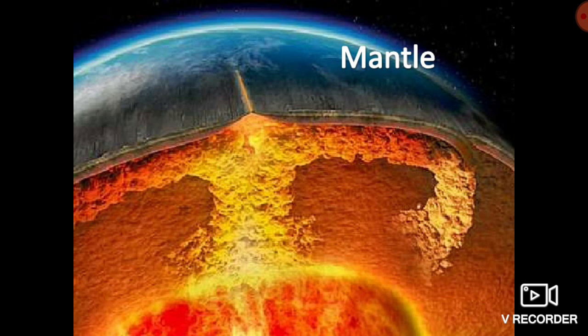The orange and reddish color represents the mantle part of the earth, and the color of this mantle represents the high temperature inside the earth. This high temperature causes the rocks to melt. The high temperature is just because of presence of radioactive elements, and the disintegration of these radioactive elements leads to generation of enormous amount of temperature.